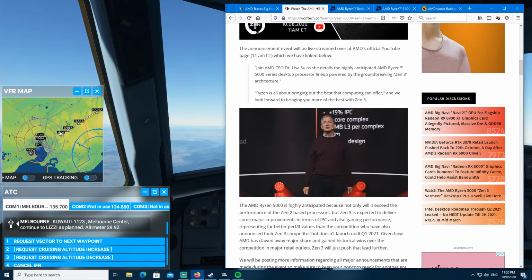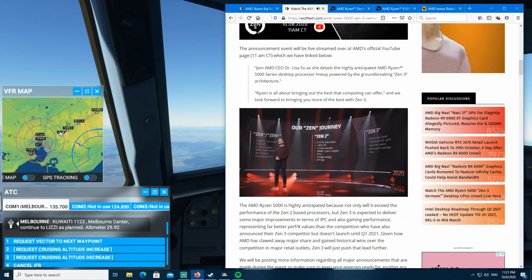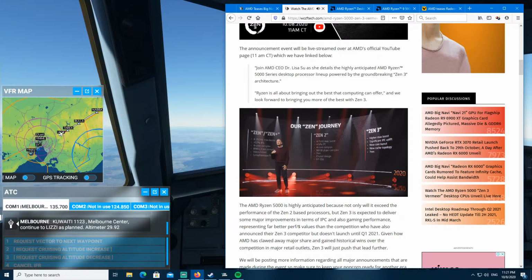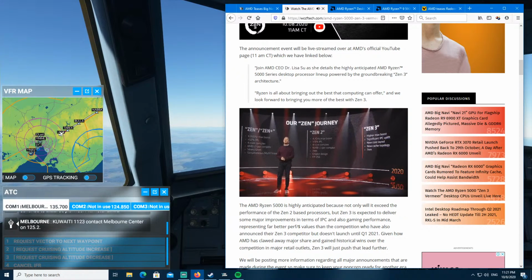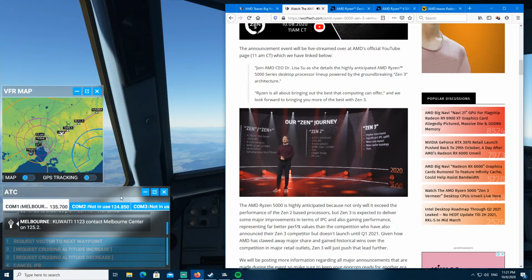The innovative chiplet implementation allowed us ease of manufacturing with a small 7 nanometer die and scalability to leadership core counts, and now Zen 3. Wow, what a great job by the design team to improve every aspect of the CPU, delivering leadership performance in that same 7 nanometer node.